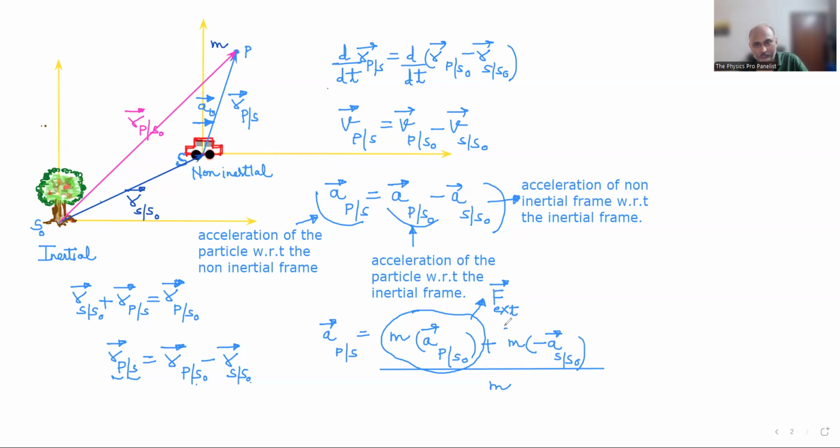This is a force. This negative sign indicates that the direction of this force is opposite to the acceleration of the non-inertial frame.